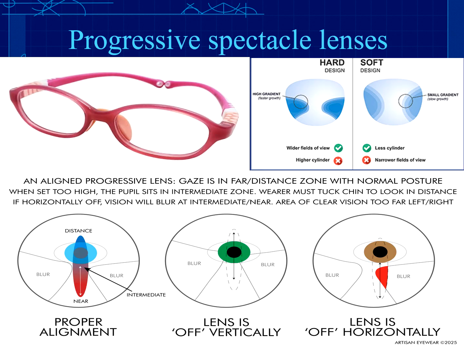Therefore, when the patient sees through the lens, the eye position for far, intermediate, and near vision is not very good, and the patient may suffer from symptoms of distortion and blurry vision, and also discontinue using the lenses.